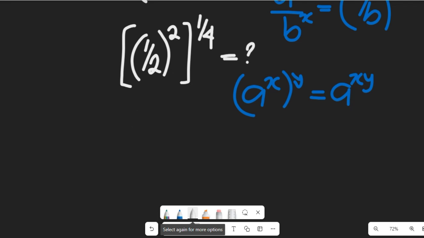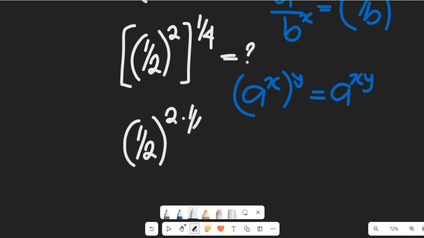So this is simply going to give us 1 divided by 2, and the indices will have to multiply, right? 2 multiplied by 1 divided by 4. That way, you can see that 2 will cancel out 2 to give us 1, and 2 will cancel out 4 to give you 2, right?